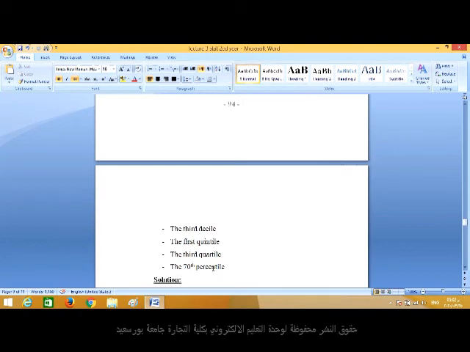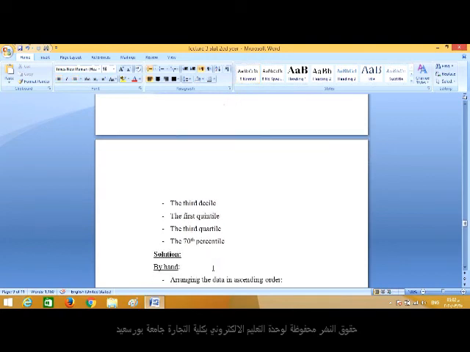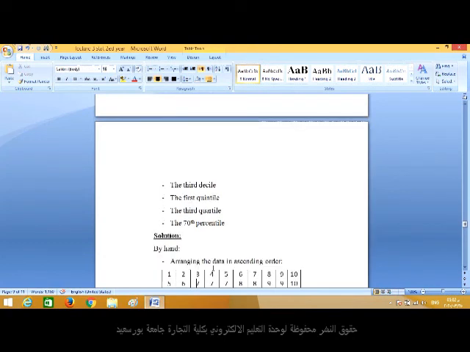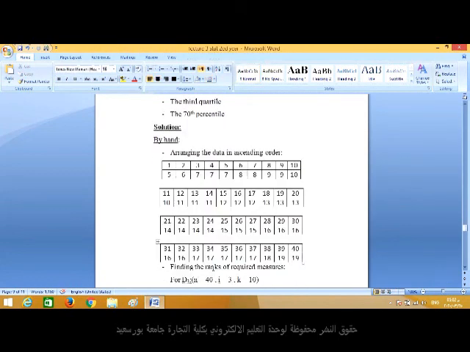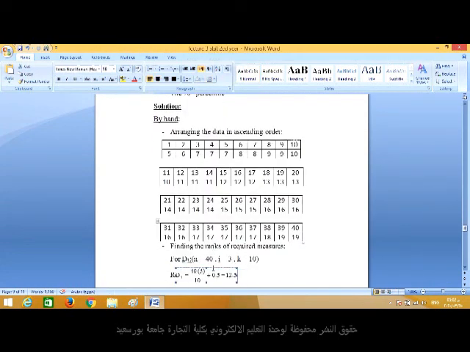So the solution by hand. Arrange the data in ascending order like this. Then find the ranks of the required measures. For the third decile, n equals 40, i equals 3, k equals 10 parts, so the deciles divide the data set into 10 parts.